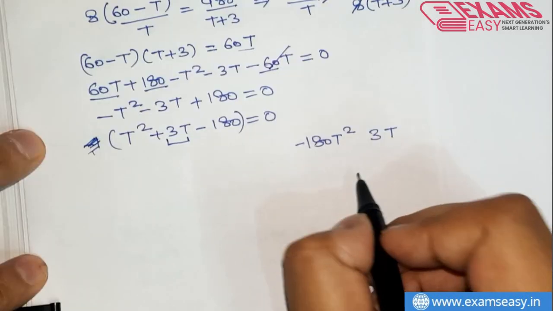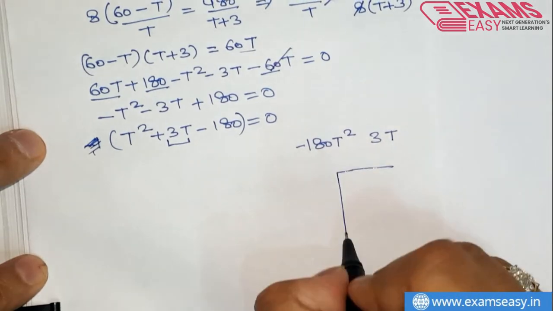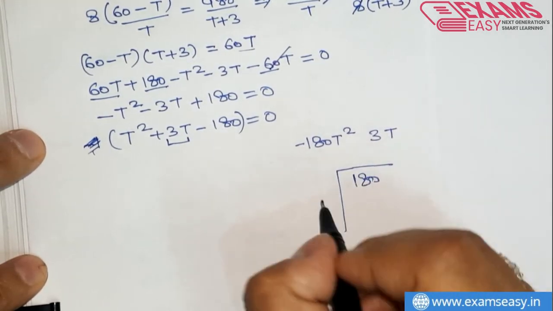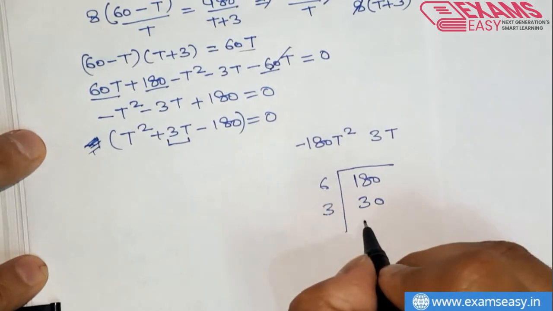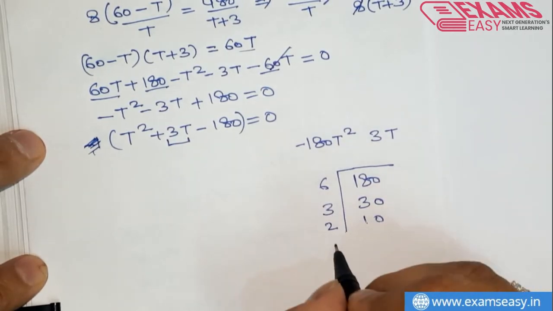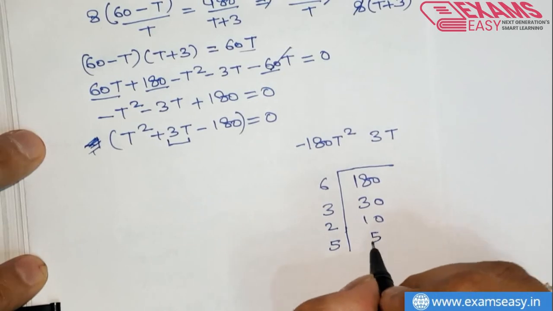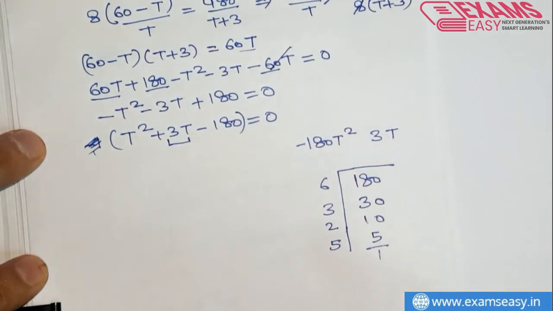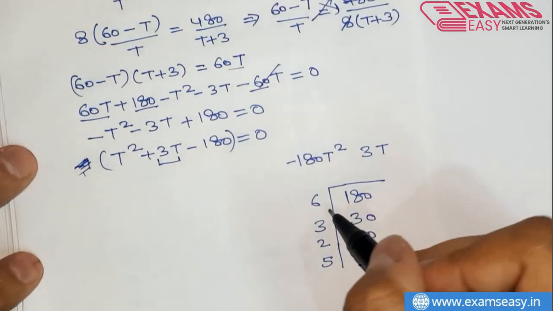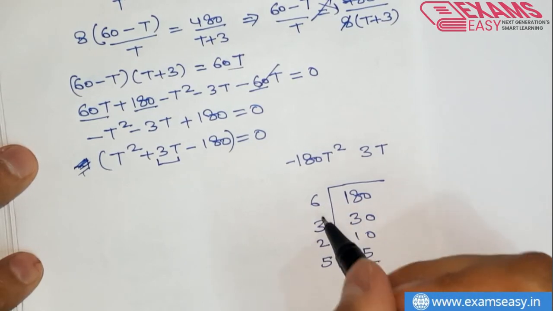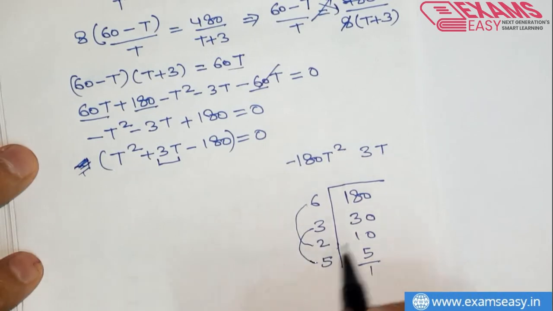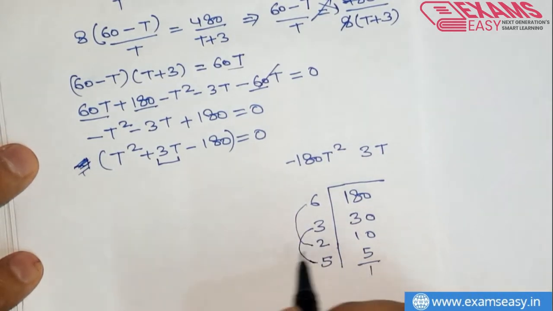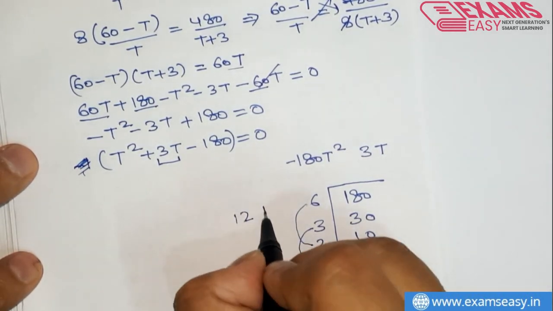So let us find the factors of 180 first. Let us factorize it. So choose any of the combinations. So if we multiply 6 into 2 and 5 into 3, then we may get two possible factors as 12 and 15.